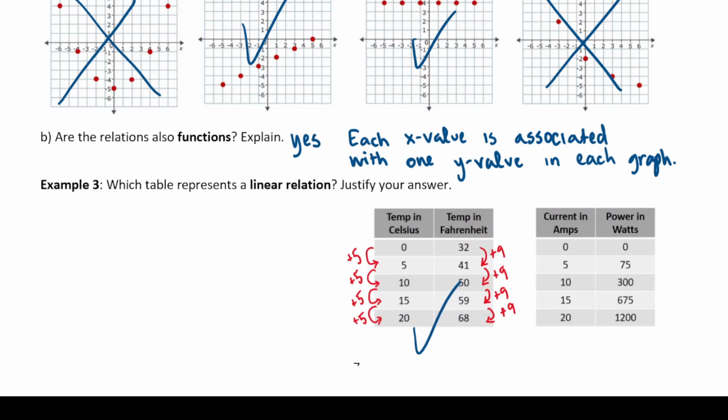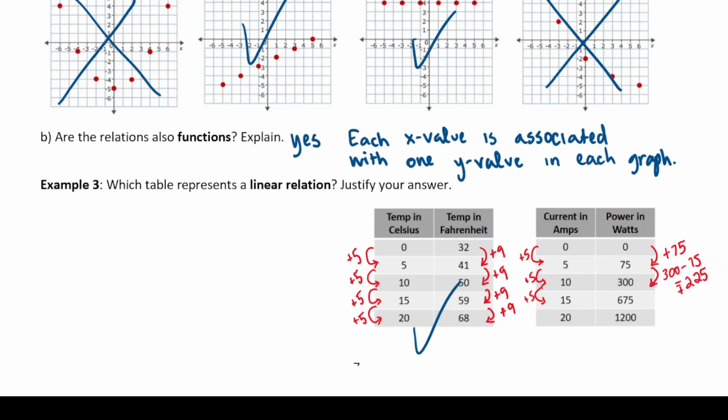Let's look at this one. This is current in amps and then power in watts. So here we have a nice consistent increase by 5 again. But over here, let's see. From 0 to 75, that's an increase of 75. From 75 to 300, if I subtract those values, 300 minus 75 equals 225.